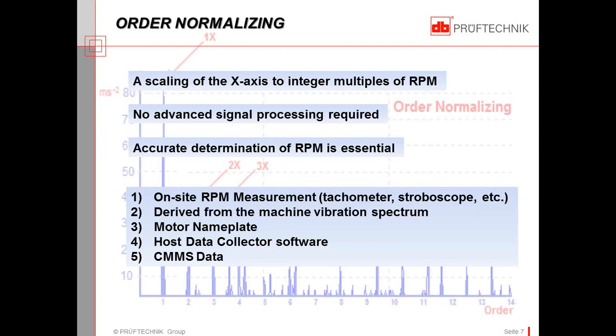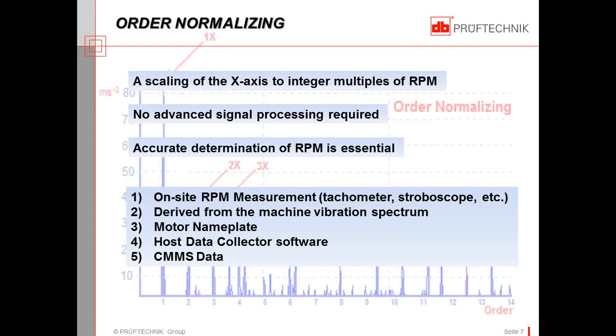And of course, there isn't any advanced signal processing. There isn't any high-tech algorithms required to create an order normalized spectrum. It only requires that we have an accurate determination of RPM. And this is one of the things that we want to illustrate in a couple of slides here.